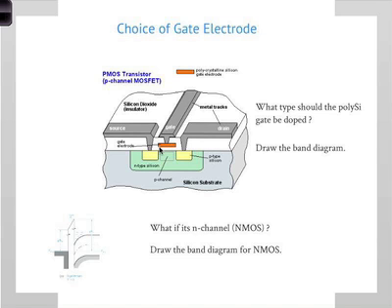The gate electrode should be heavily doped. But I guess we'll save this for next class, but I want you to think about what type the polysilicon should actually be. We have 2 minutes, so I want you to think for the next minute. Okay, if you have a polysilicon gate, as I said, and it's heavily doped, what type should it be? Should it be N-type, P-type?